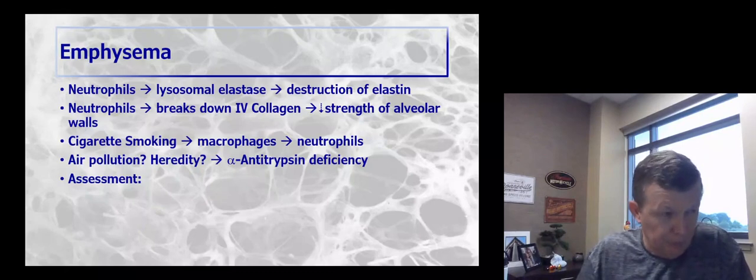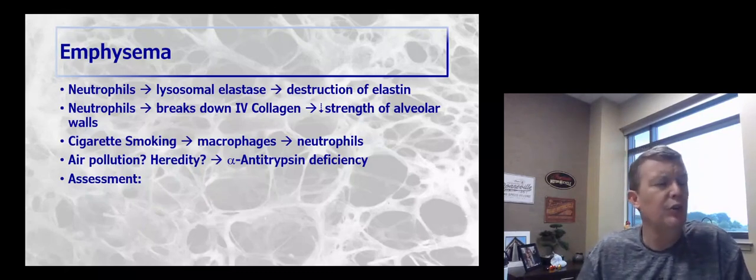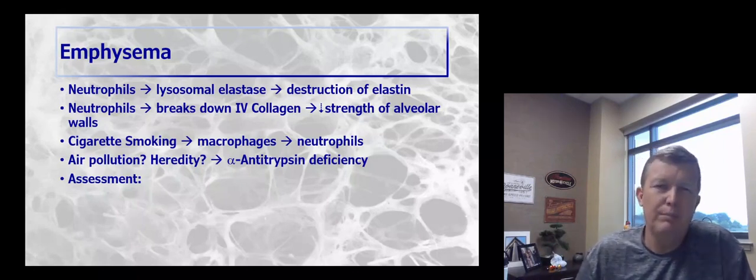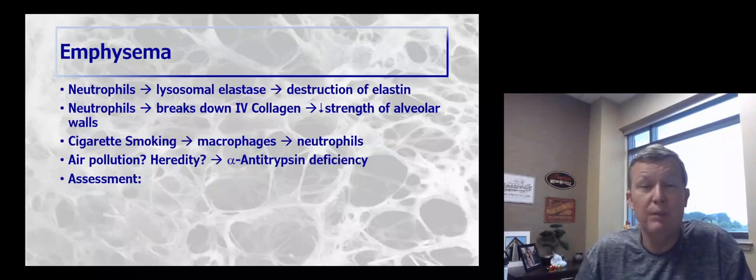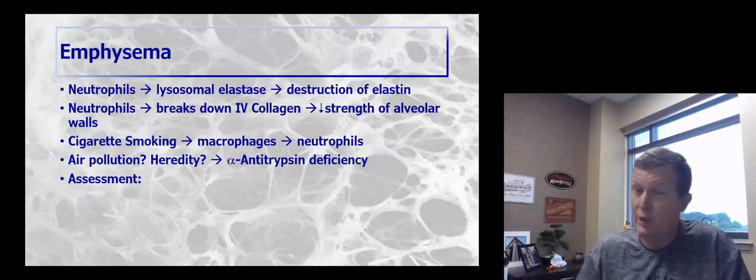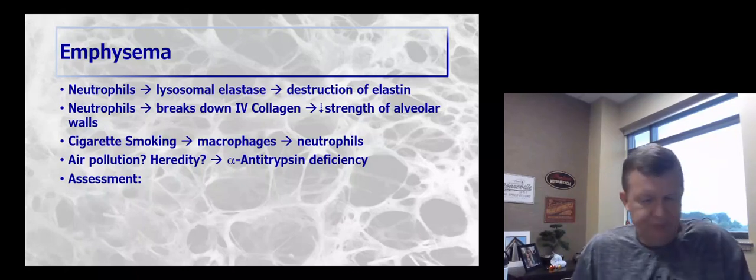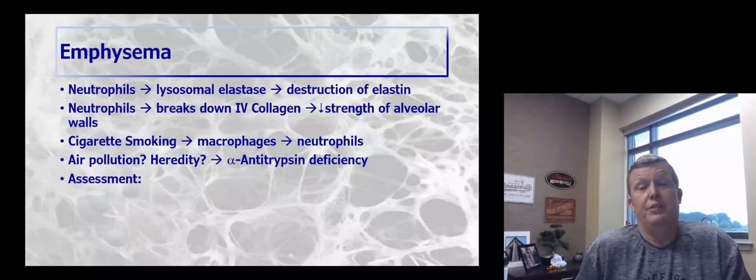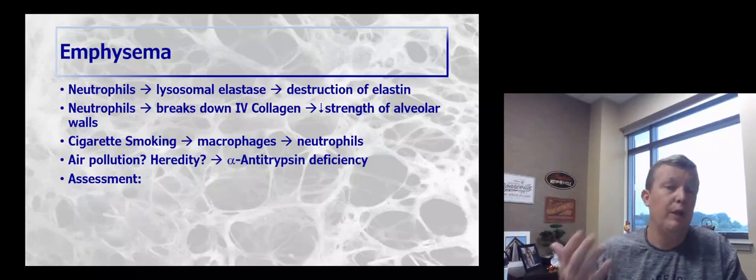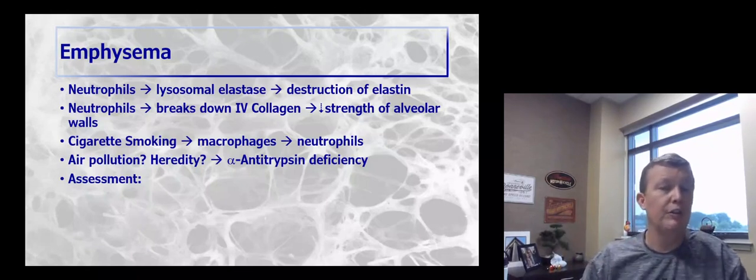The biggest two contributors here are cigarette smoking and pollution. Cigarette smoking being number one. Cigarette smoking stimulates macrophages, which then stimulates neutrophils. This is just the fact of what cigarette smoking does when you inhale cigarette smoke into your lungs.